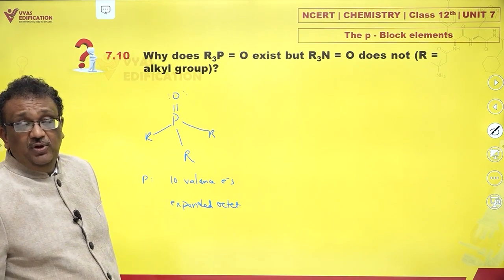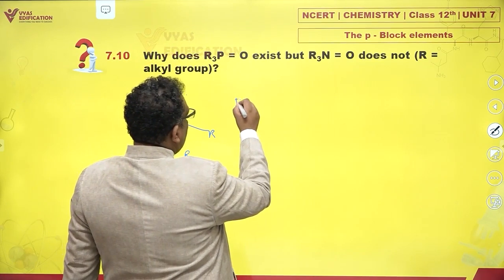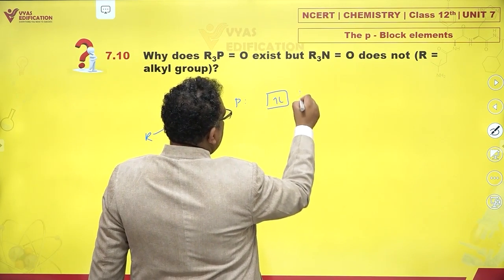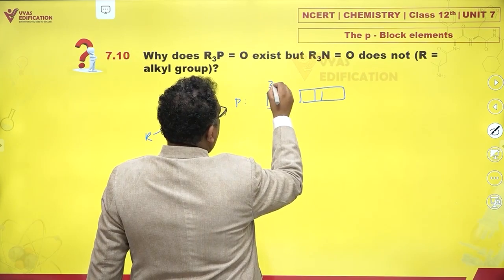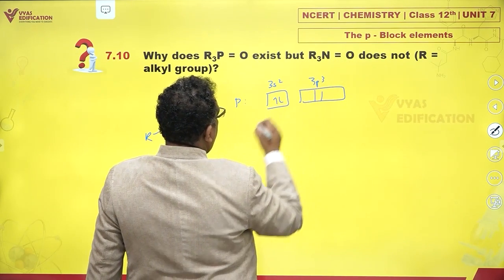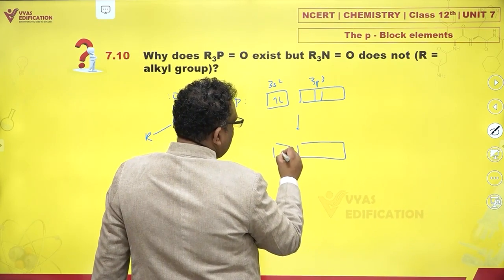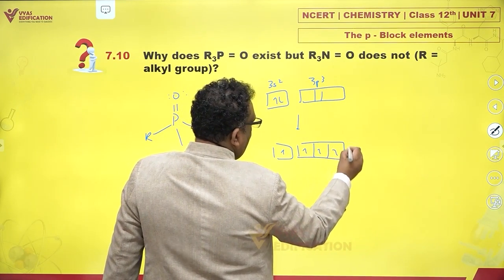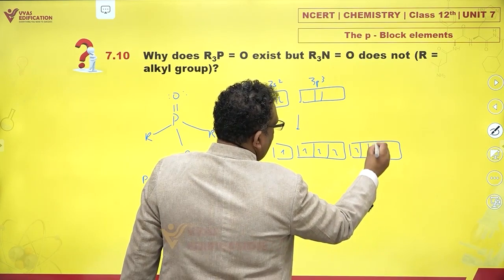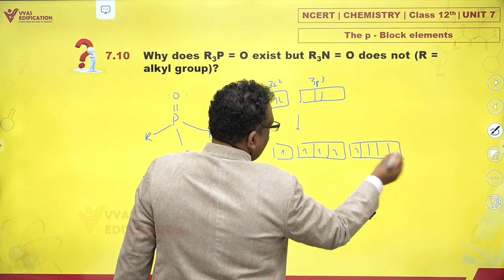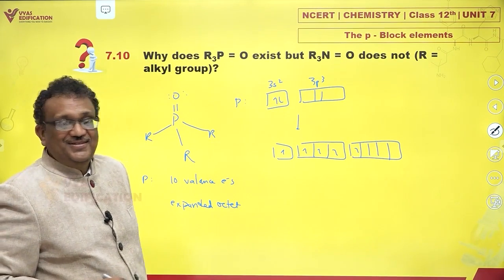Can we write down the electronic configuration? Yes. Phosphorus in the ground state was 3s2, 3p3. And in the excited state, it changes to this. Watch this.